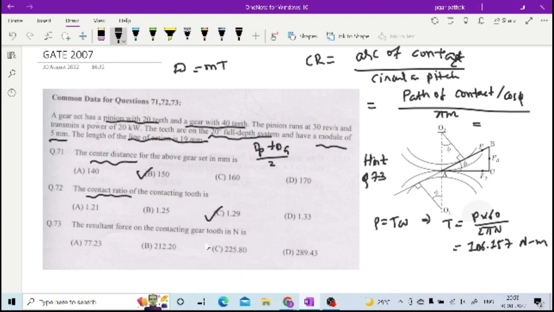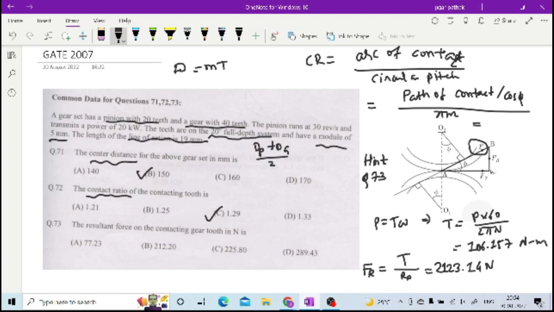So once you have this torque, you can find that Ft, which is generating this torque, by Ft is equal to torque upon radius of pinion, right? That radius of pinion we have already calculated earlier. So this will give you the Ft value, that will be 2123.14 Newton.